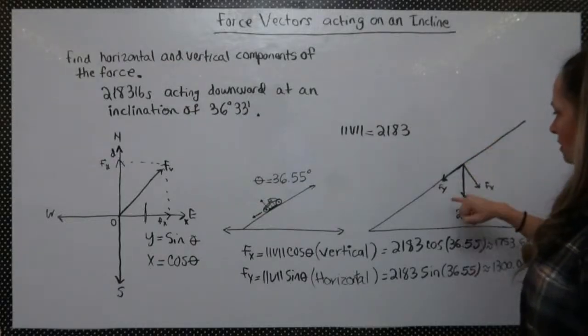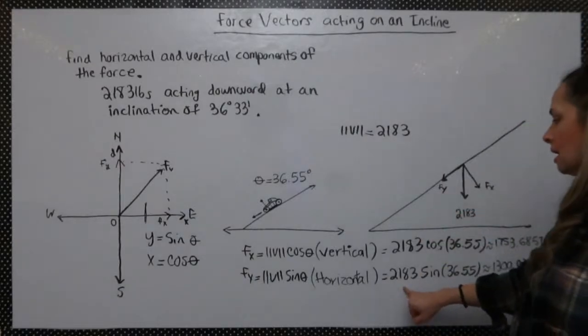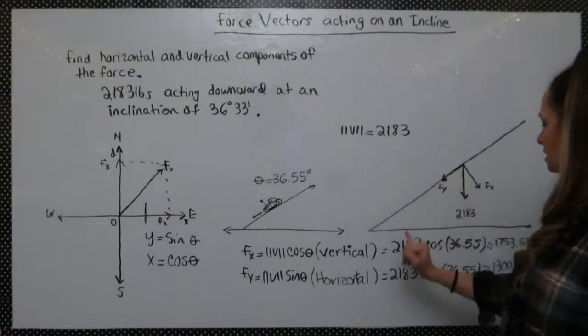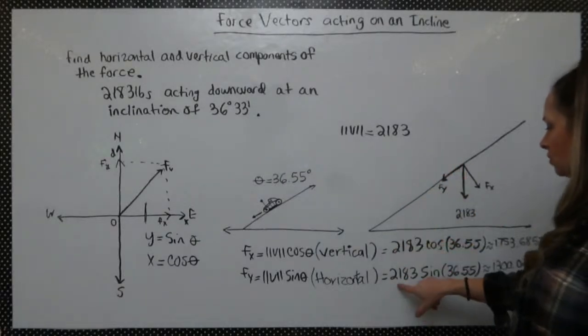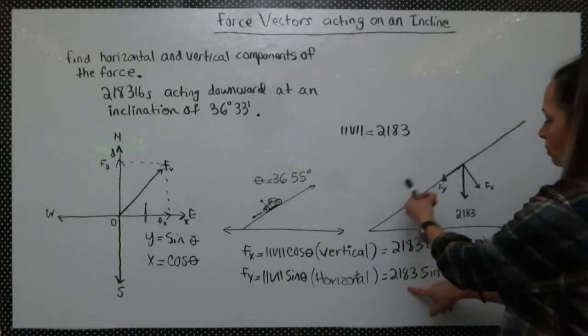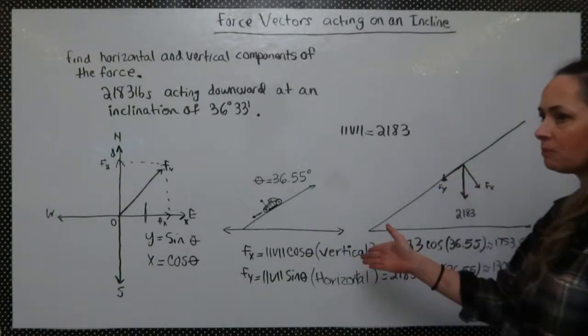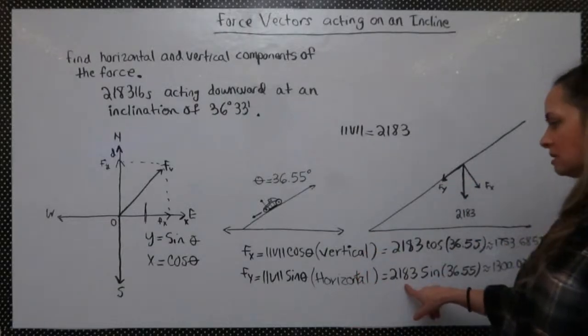And so this horizontal component here, the sine, is representing the force pulling on that vehicle, wanting it to roll down the hill. If it didn't have a brake, it would just take off and roll down the hill with this magnitude.